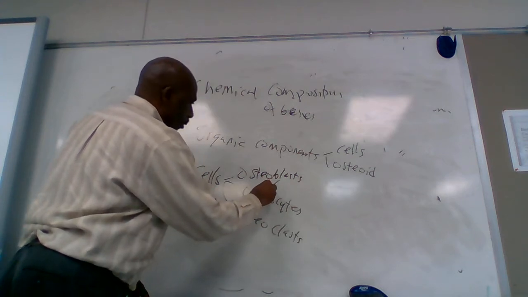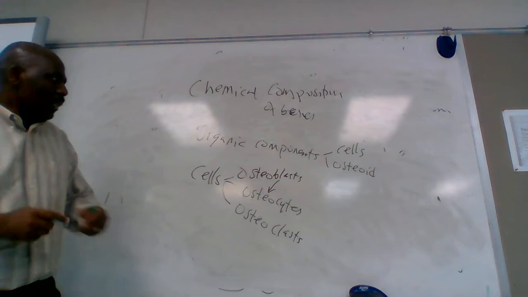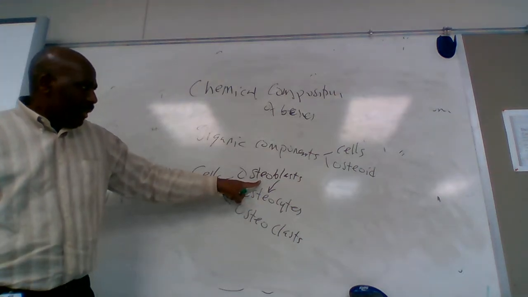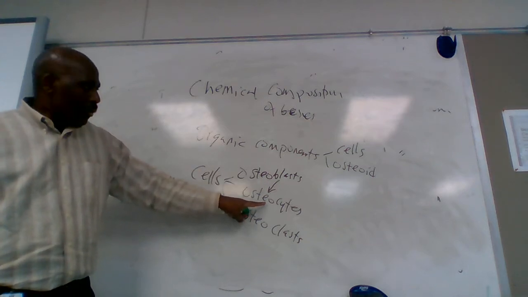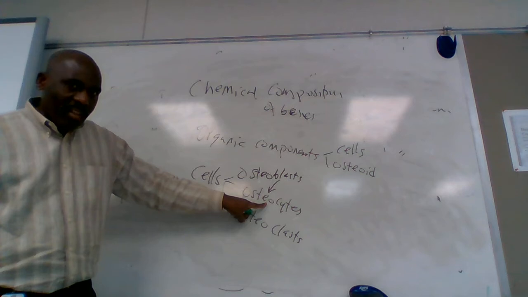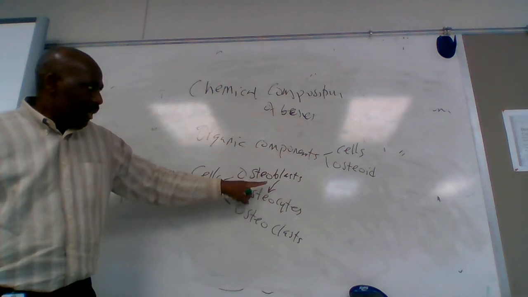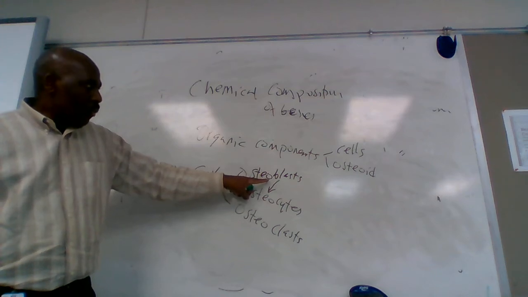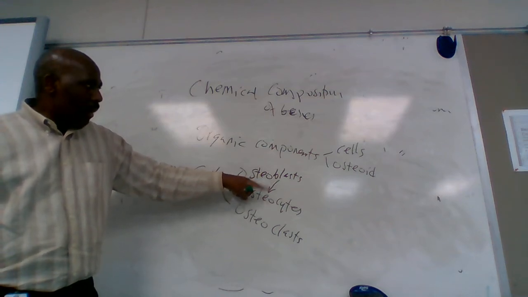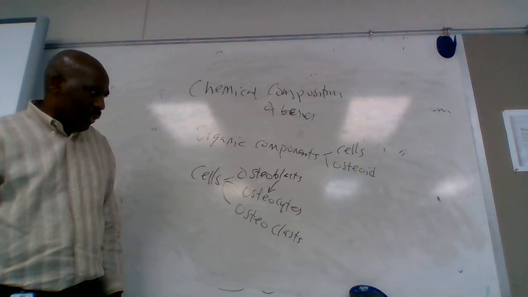Now I'm putting an arrow here. The osteoblasts are immature bone cells that eventually mature to the osteocytes. So the osteocytes are mature bone cells. The osteoblasts are immature bone cells. So the osteoblasts eventually will mature or develop to the osteocytes.